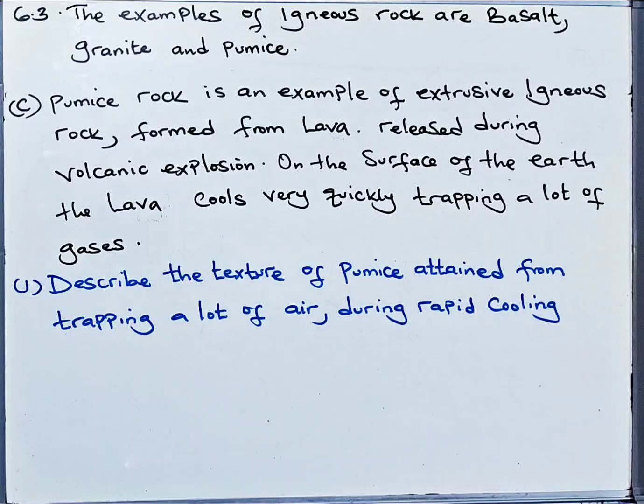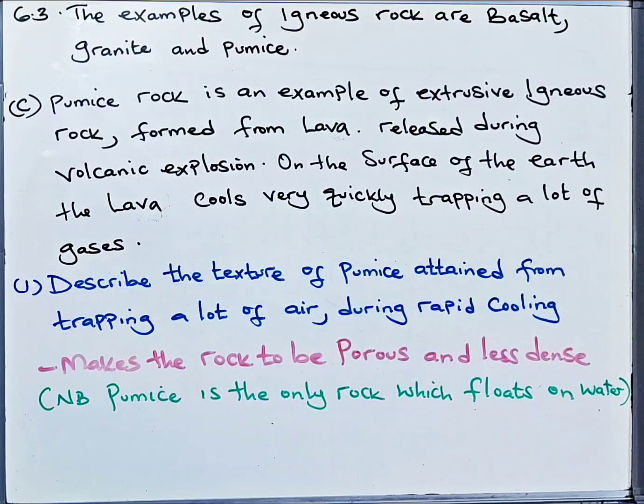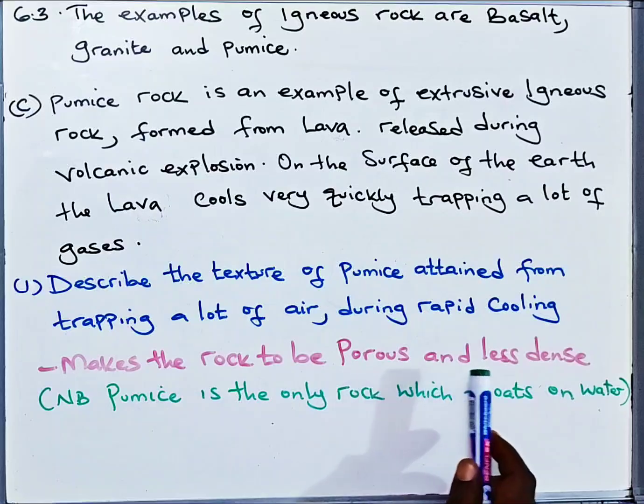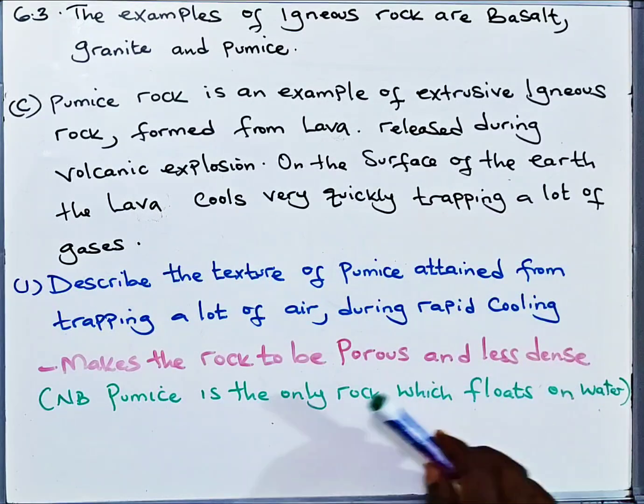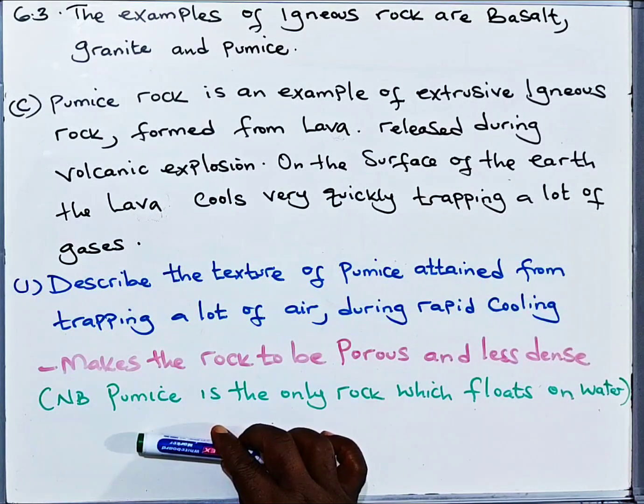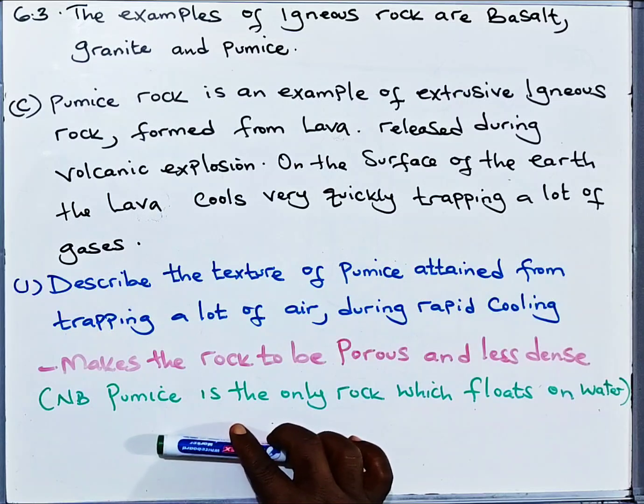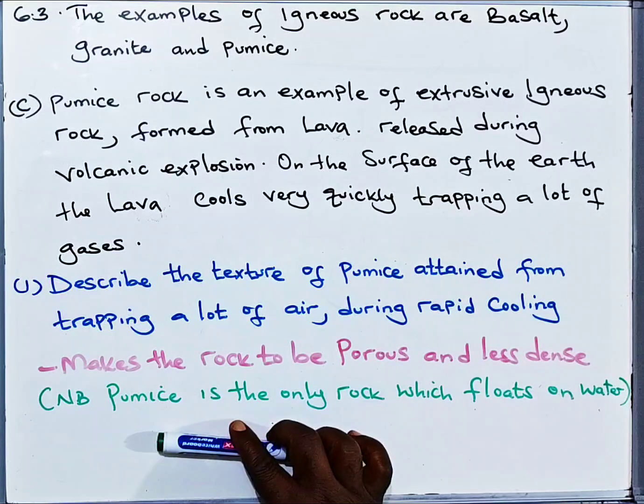What results from trapping a lot of air during rapid cooling? It makes the rock porous and less dense. This is a point to take home. Pumice is the only rock which floats on water.